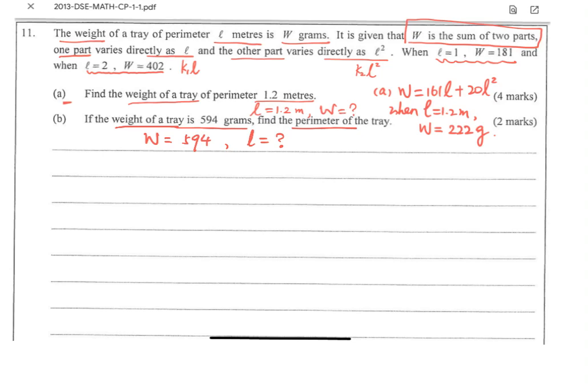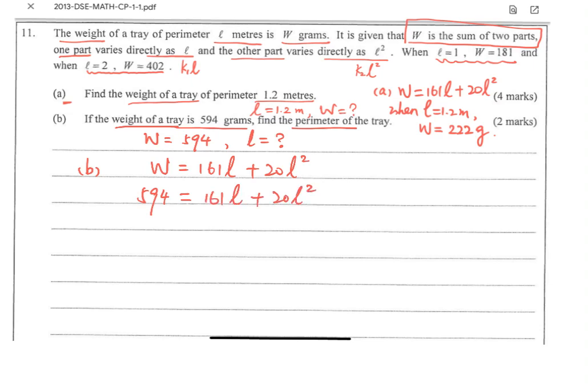So we start from the equation, the relationship between the weight and the perimeter, 161L plus 20L squared. Now you have the value of W, 594, so we replace it, and then we just need to find out the value of L.